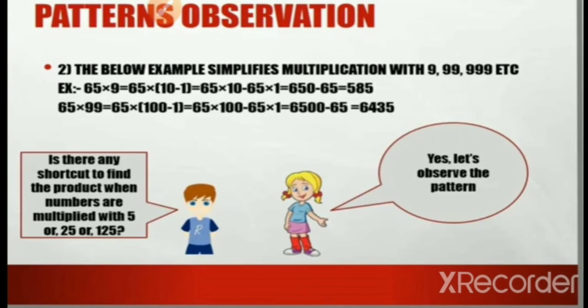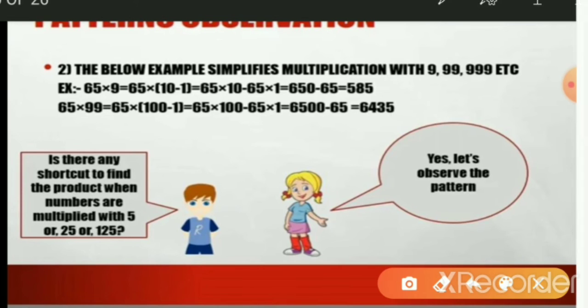Now let us see the pattern observation of multiplication. The below example simplifies multiplication with 9, 99 and 999. Here you can see 65 multiply with 9. So to 9 we can write 10 minus 1.